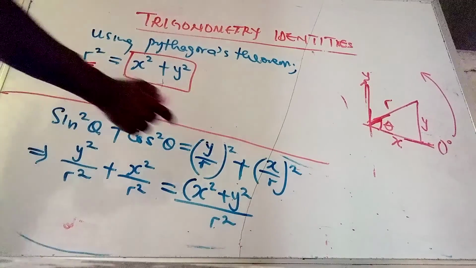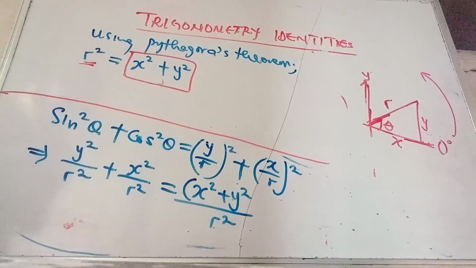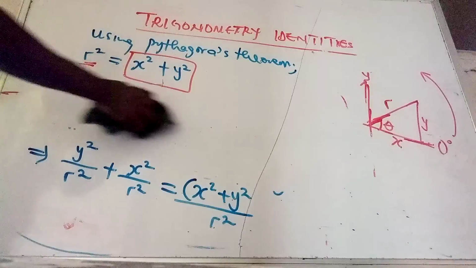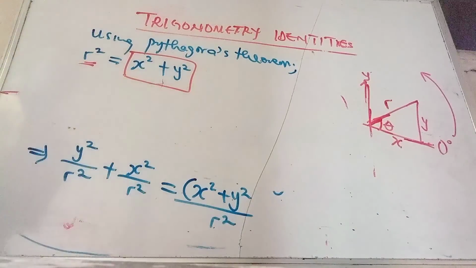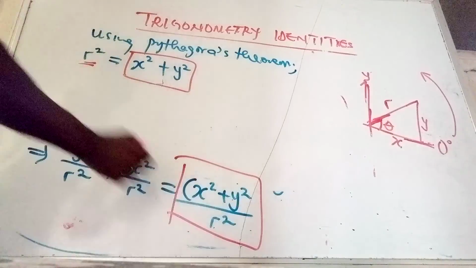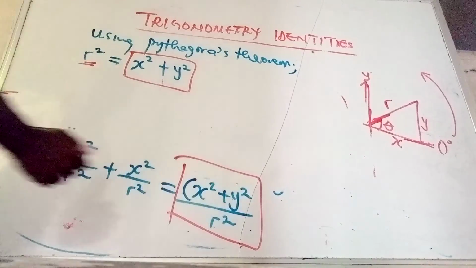That means I can use x squared plus y squared to replace what? R squared. Now, coming to this, from where I stopped here, I can now use r squared to replace what? X squared plus y squared.